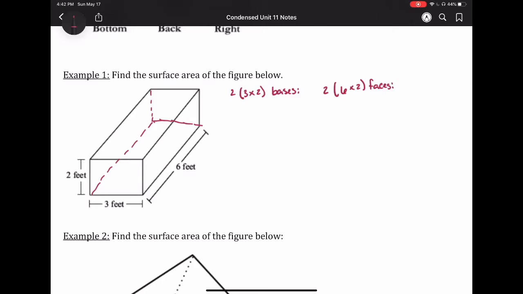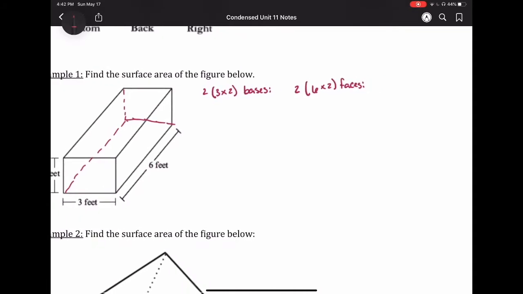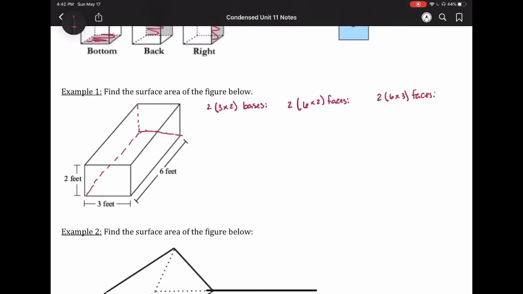And I have 2 more faces that cover the 3 foot long by 6 foot long sides. So I end up with 2 6x3 faces.